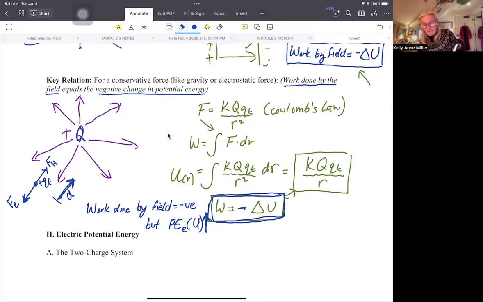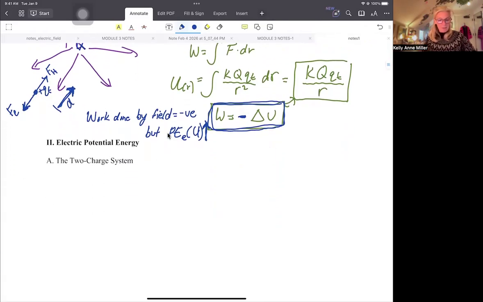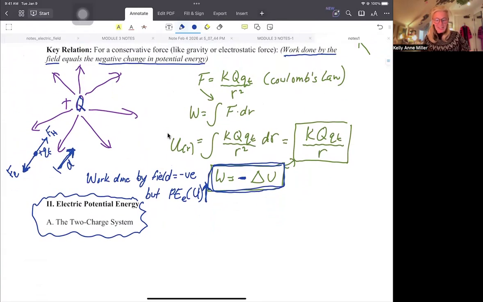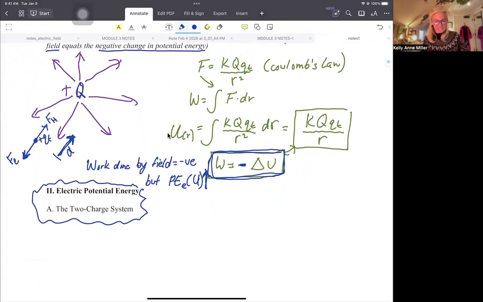So there's a negative relationship. And that is basically what was meant to be written here. I didn't use the space very well. So all of this is the example that I just did.